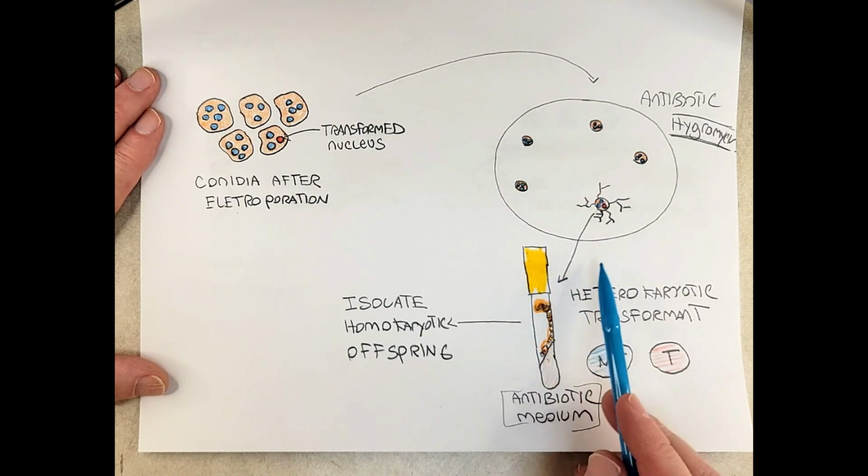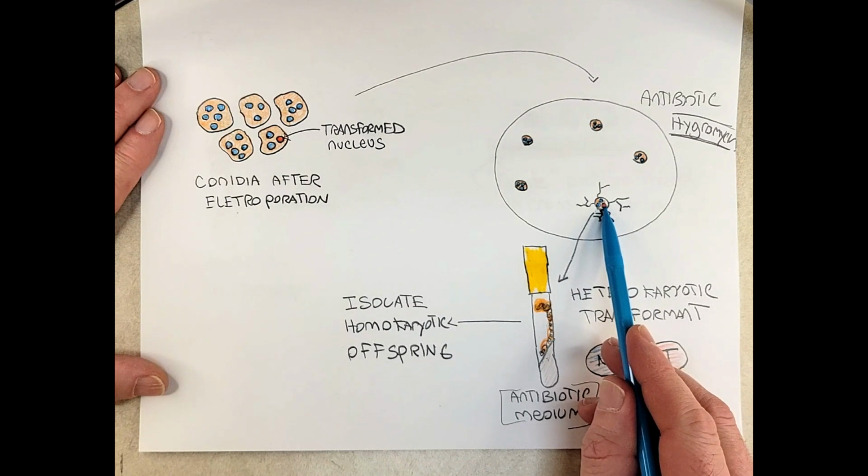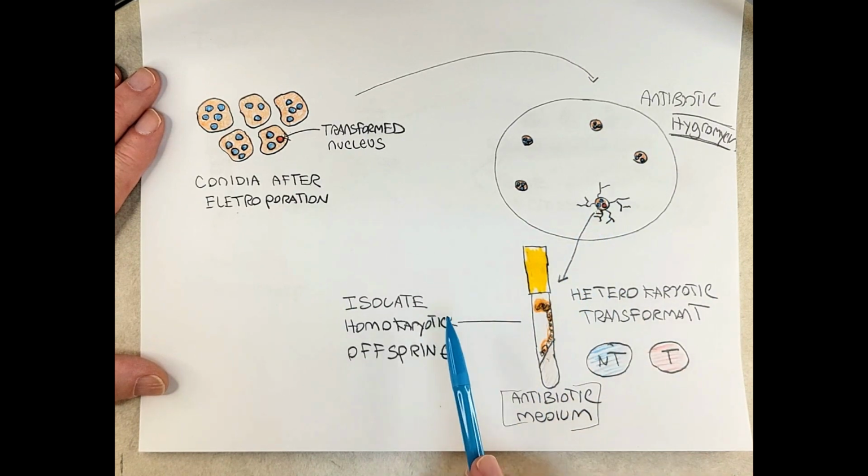Now, we're going to call this the heterokaryotic transformant. Why? Because look here, it has the red transformed nucleus, but it also has some non-transformed nuclei. So those non-transformed nuclei still have the copy of the DNA we were trying to replace with the antibiotic resistance gene.